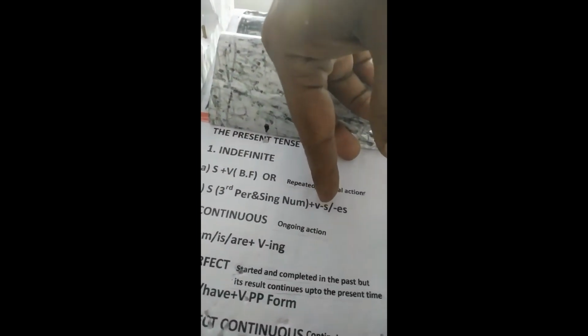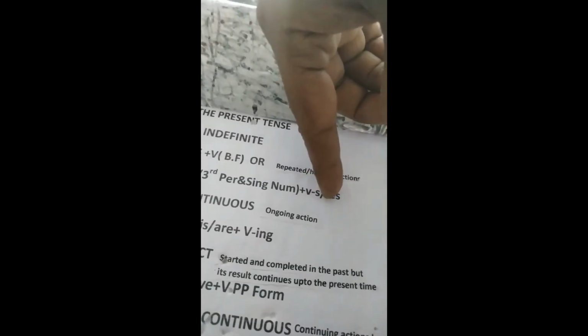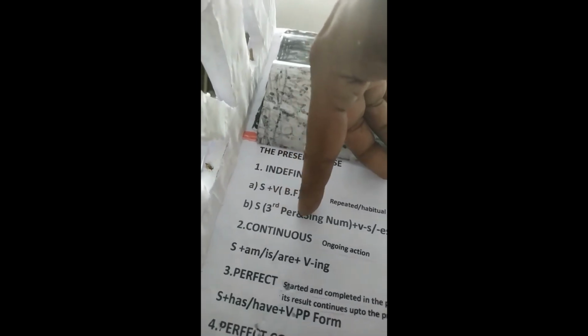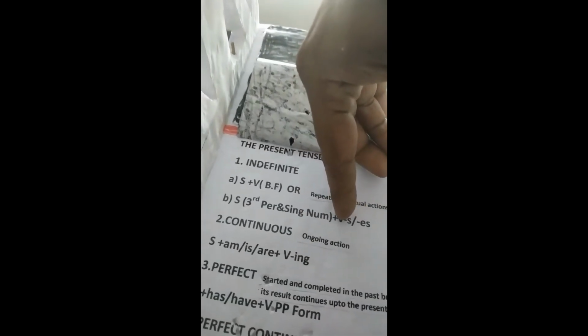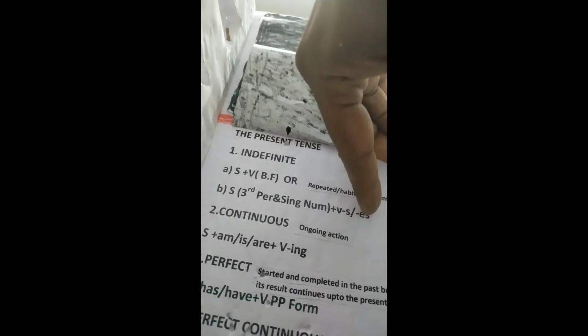We have to add s or es to the end of the base form of the verb in case of the present indefinite tense. See the sentence structure: subject, third person and singular number, then you have to add s or es to the end of the verb.